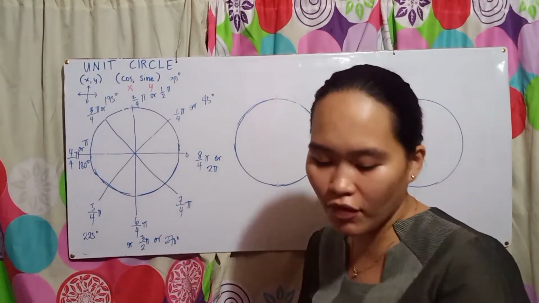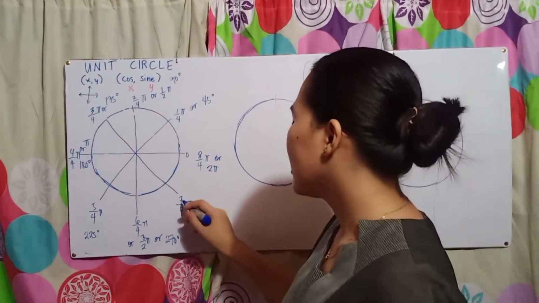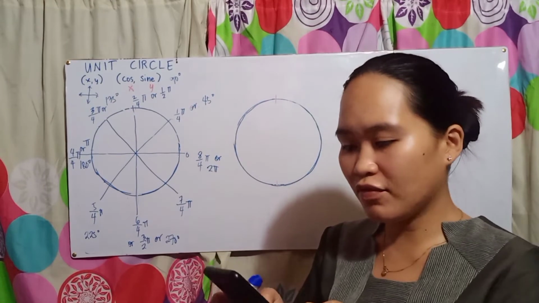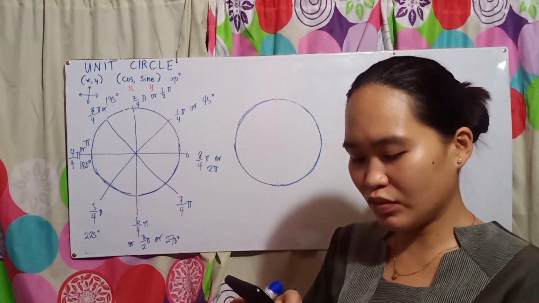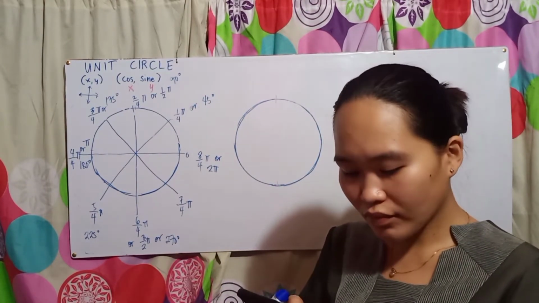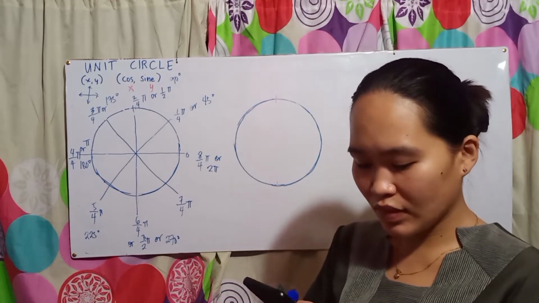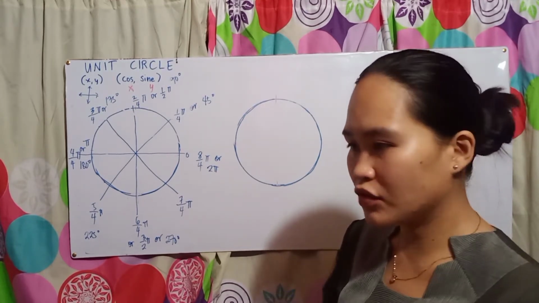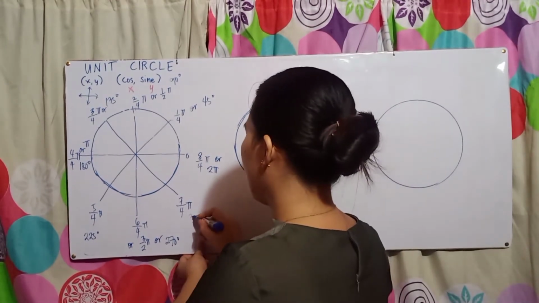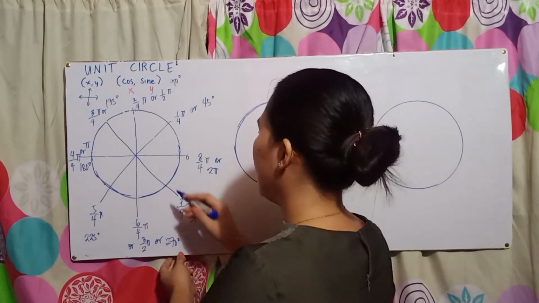7 pi over 4, so 7 times 180 divided by 4, so 315 degrees.